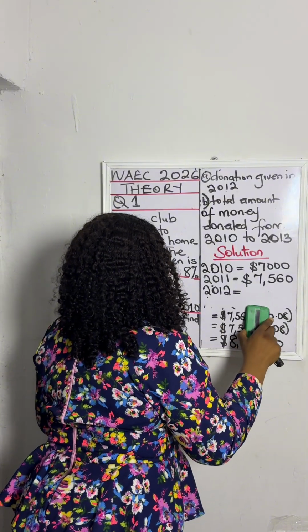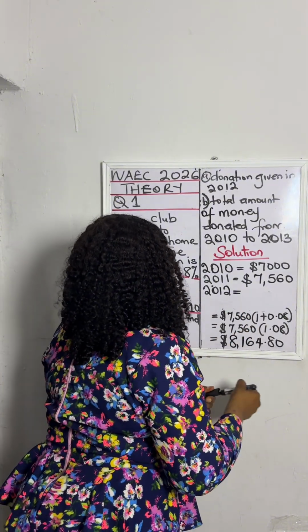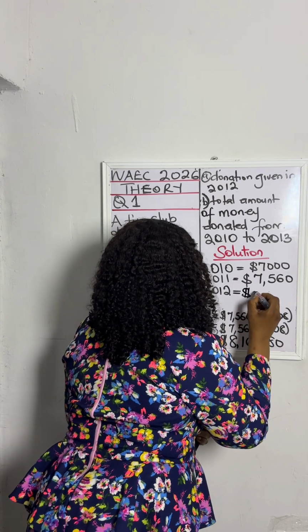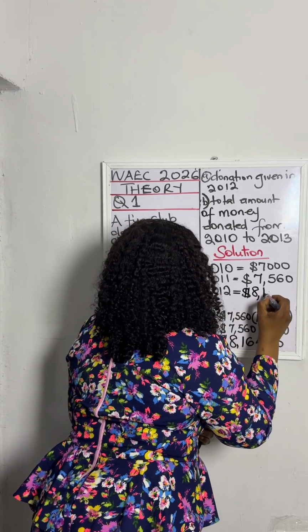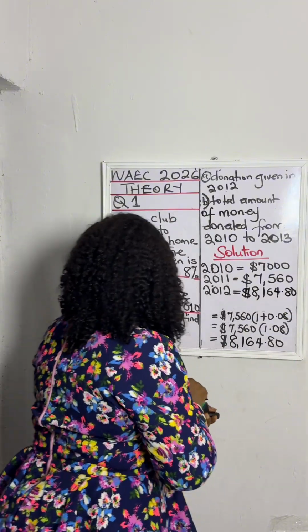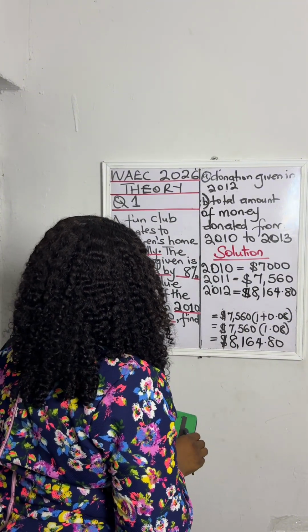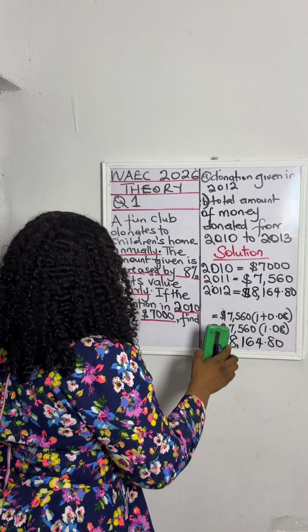So we'll transfer our value to the column for 2012. Let's bring it here. So we have $8,164.80. So can we answer the question? The question says donation given in 2012.